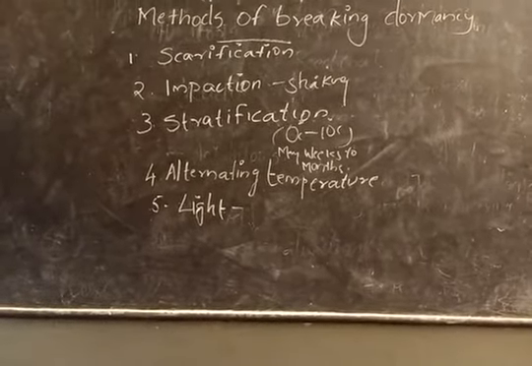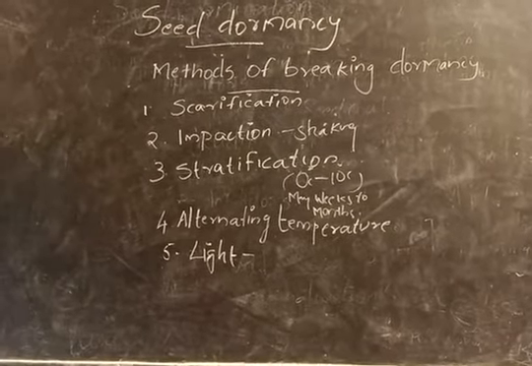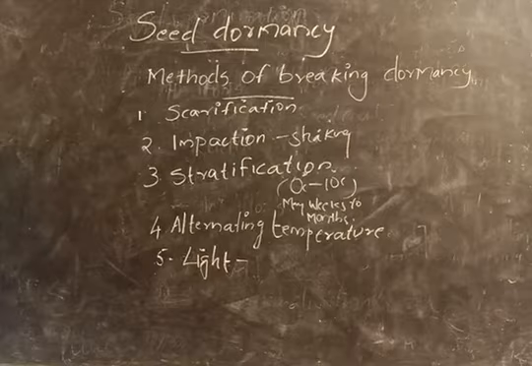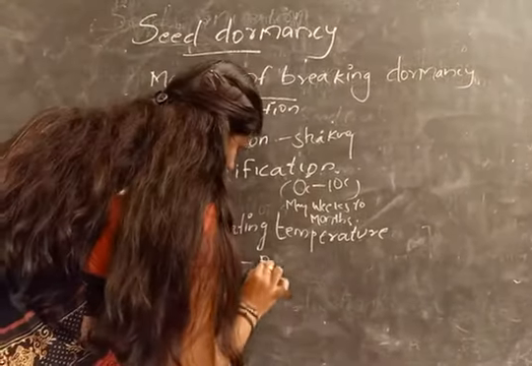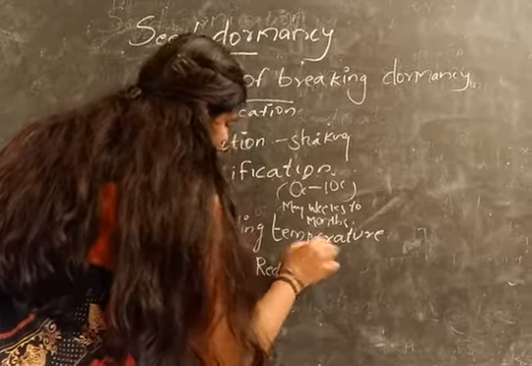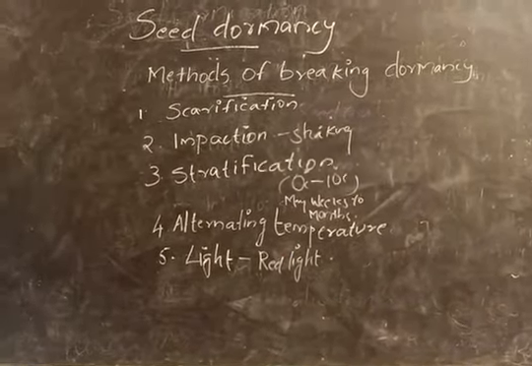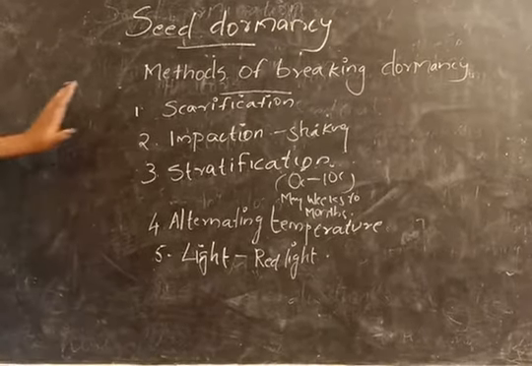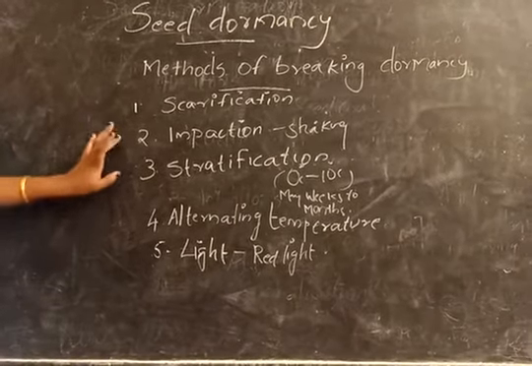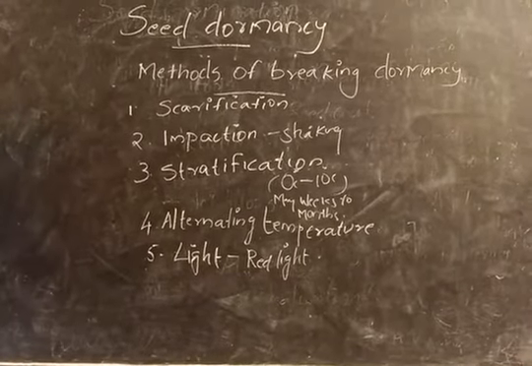Exposure to red light breaks the dormancy and induces seed germination. So these are the methods of breaking seed dormancy: scarification, impaction, stratification, alternating temperature and light.